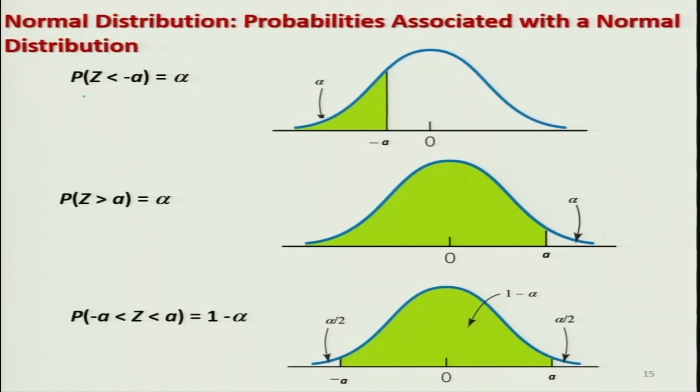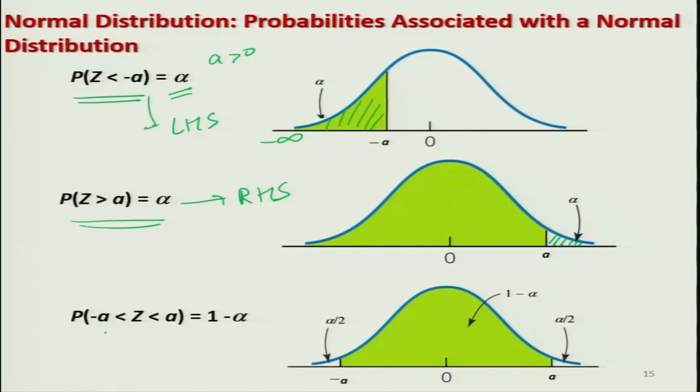For example, if you want to compute the probability that z is less than minus a, where a is some known quantity greater than 0, and suppose this area is alpha, it is indicated from minus infinity to minus a. Similarly, the probability that z is greater than or equal to a is the area on the right hand side of the curve, while this area is on the left hand side of the curve.